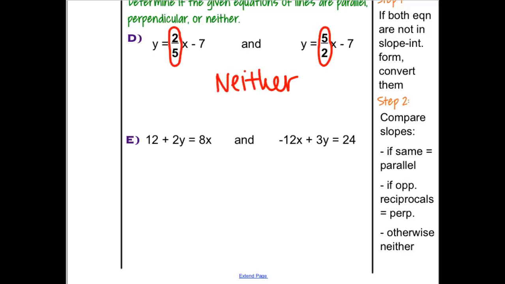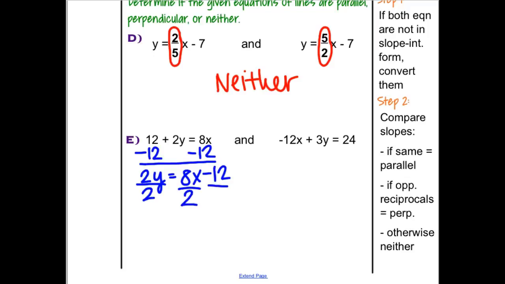So then the next one, they're both in standard form. So we need to solve for y. So we start by subtracting 12 on this one, and we get 2y equals 8x minus 12. And then we have to divide everything by 2, not just the slope. So that gives me y equals 4x minus 6.